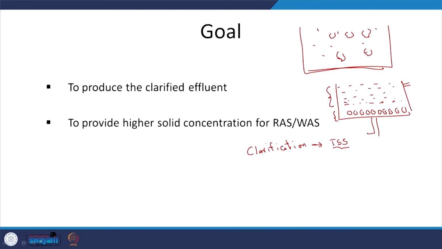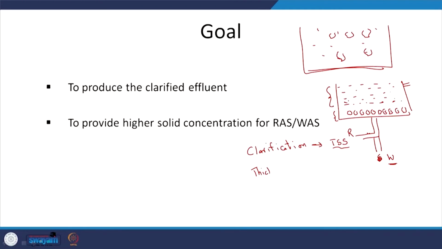Part of it will be recycled, part of it will be wasted. So even the cost of recycle and treatment after wasting, this is recycle, this is sludge treatment, or let us say wasting. What do I do? I need to transport it somewhere or look at anaerobic digestion and such. So if the volume is high or the mass is high, the cost will be high.